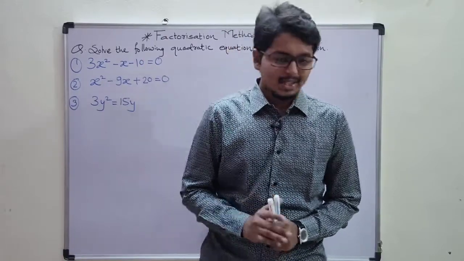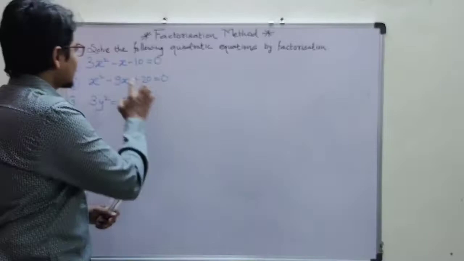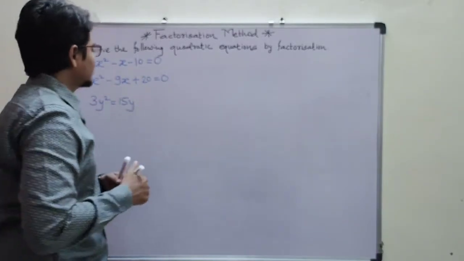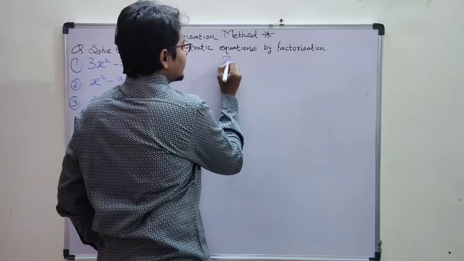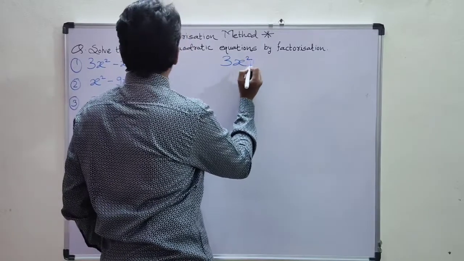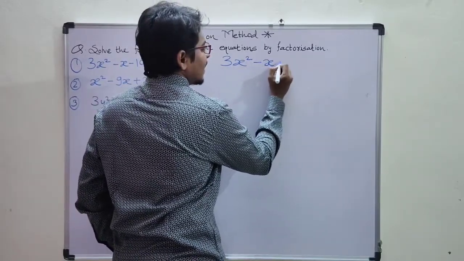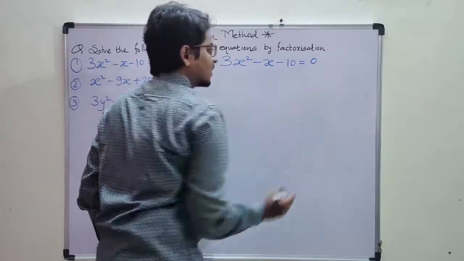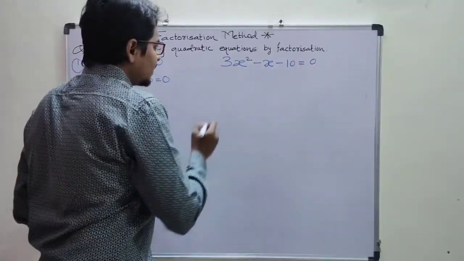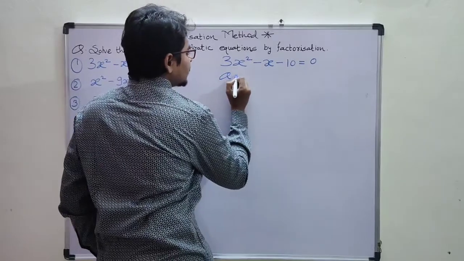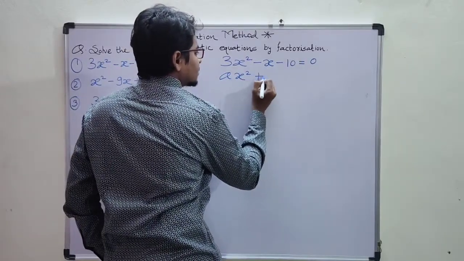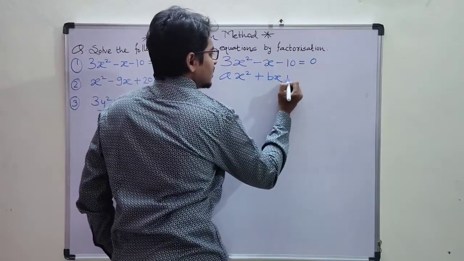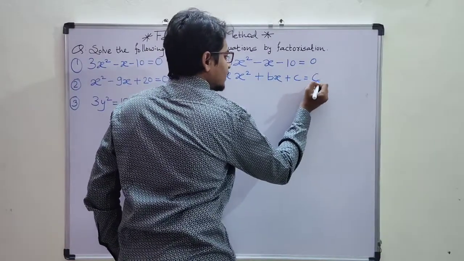So let us start with first example, 3x square minus x minus 10. I will write it again, 3x square minus x minus 10 equal to 0. First we compare it with the general form, that is ax square plus bx plus c equal to 0.